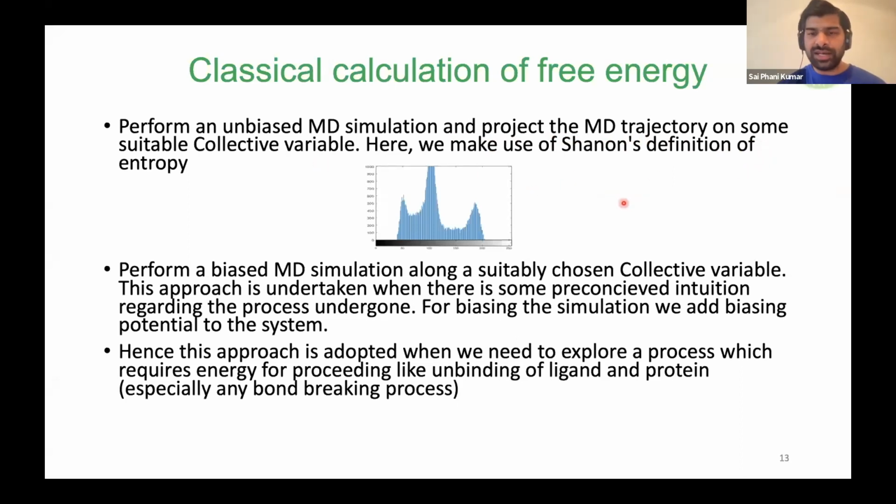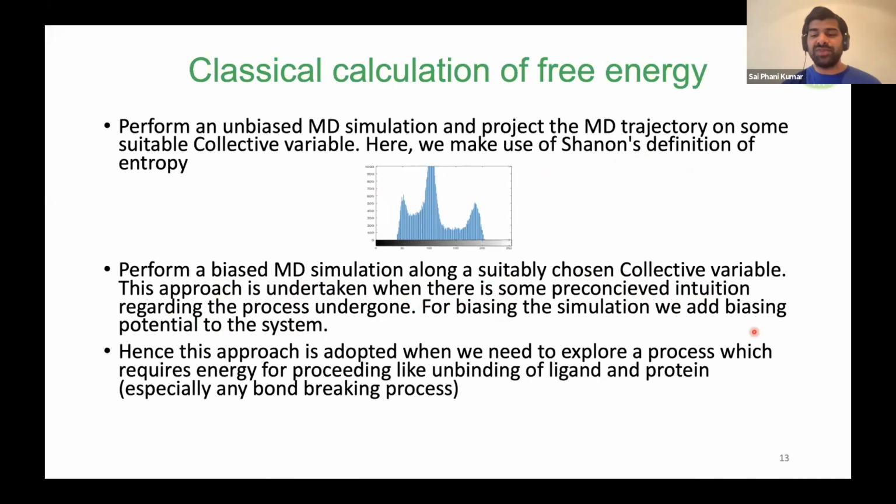Here we made use of Shannon's definition of entropy. Then we tried to perform a biased MD simulation along a suitably chosen collective variable. This approach is undertaken when there is some preconceived intuition regarding the process undergone.